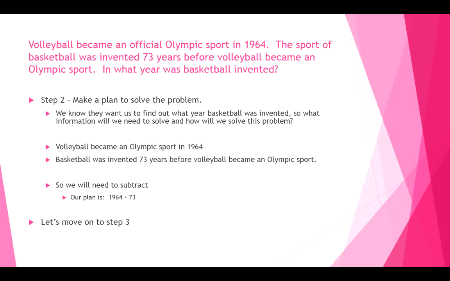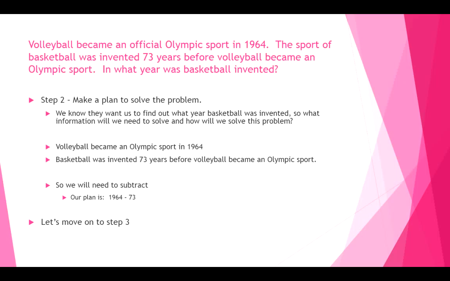So if we're wanting to find out what year basketball was invented, we will need to take the year that volleyball became an Olympic sport, which was 1964, and subtract 73 years from that to find out when basketball was invented. So our plan is 1964 minus 73.